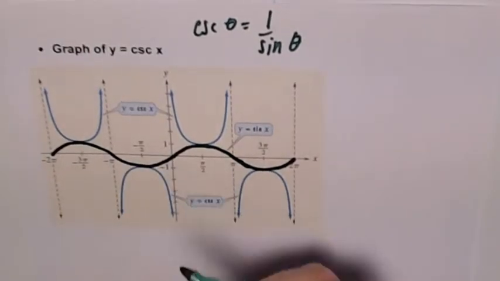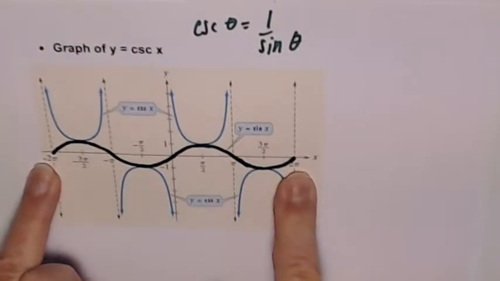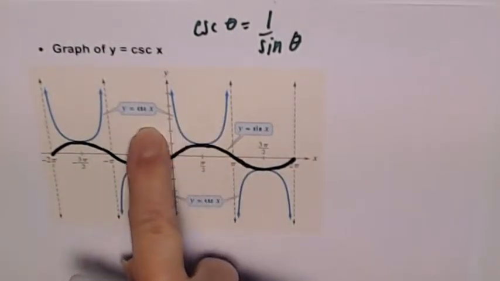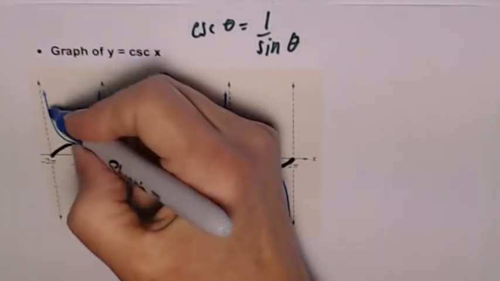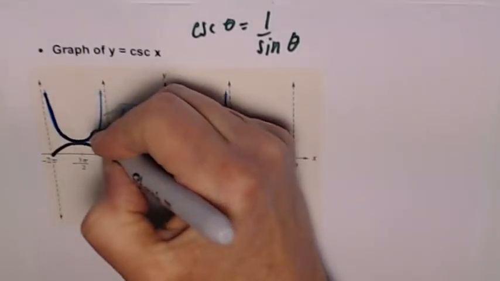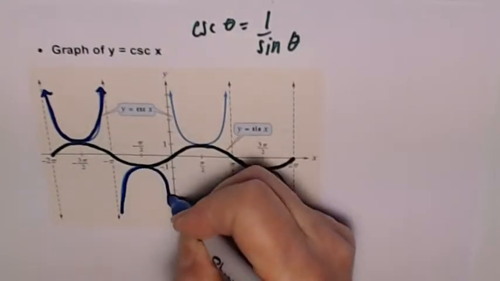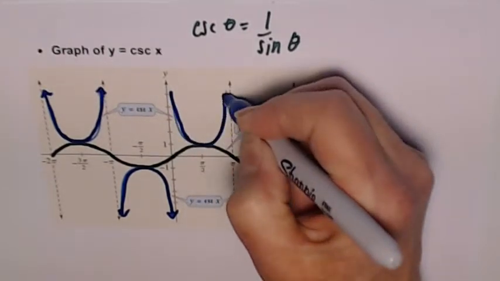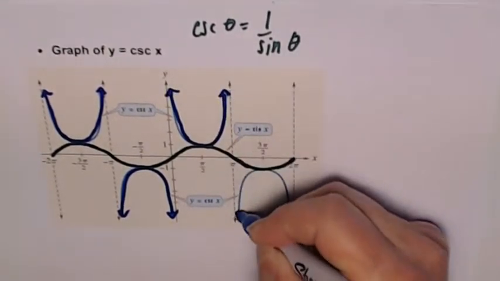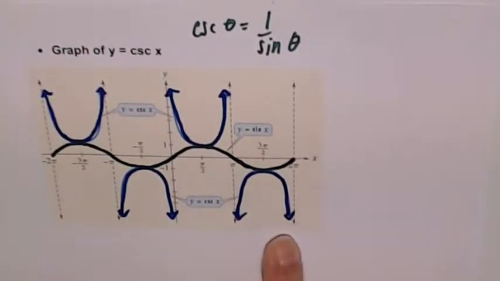So now we have our sine function between negative 2 pi and 2 pi. This function here, in blue, is our cosecant function. These things here, which look very much like parabolas, at least to my eye, are our cosecant function.